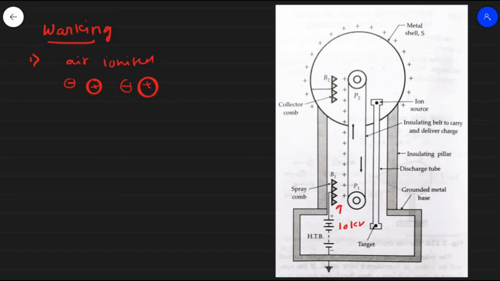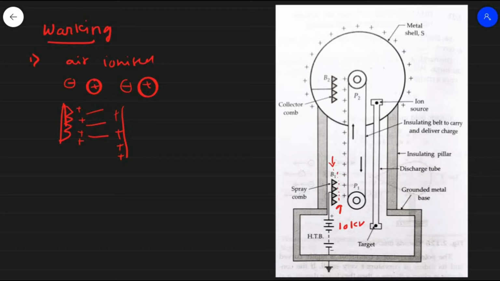Because we have provided positive potential to this spray comb, and the air around it is ionized, the positive charge on this spray comb will repel the positive charge of the air. That's why its name is spray comb. It will appear as if these spray combs spray positive charge onto this belt. In this way, this insulating belt gets a positive charge from the spray comb.